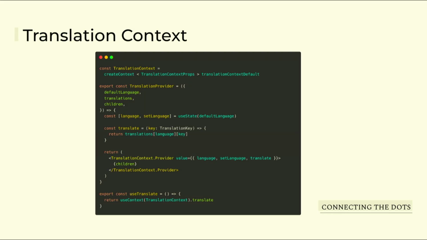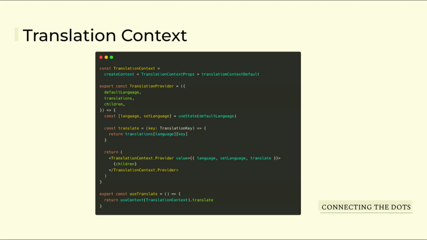Now there are different ways to integrate these translations into the React code base. As we discussed earlier, we have libraries like i18next that can make the process easier. But one of the traditional approaches is to use a custom context provider.